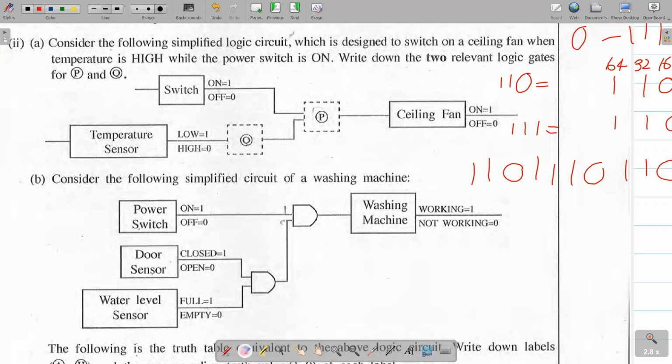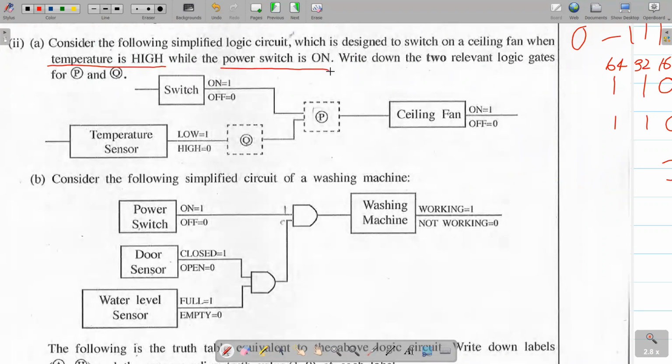So we have to go with the scenario. There is a switch and a temperature sensor, and the ceiling fan is going to be on when the temperature is high while the power switch is on.